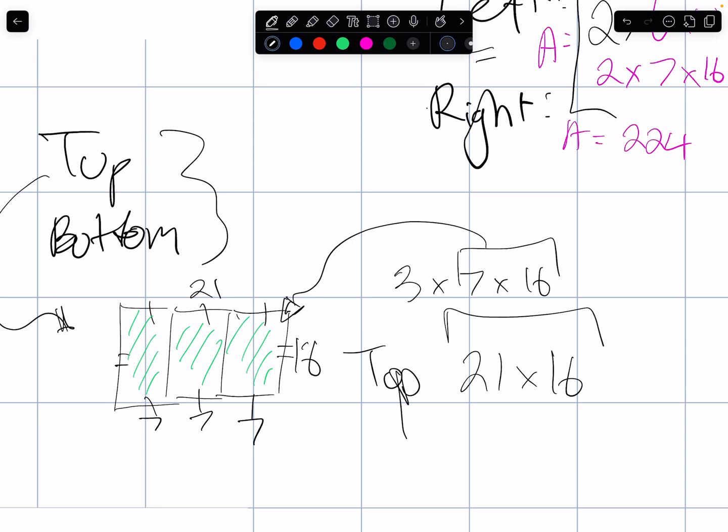Now, because we have 3 of them, 1, 2, 3, 3 times 7 is 21. So that's why we have 21 by 16, which is 336.